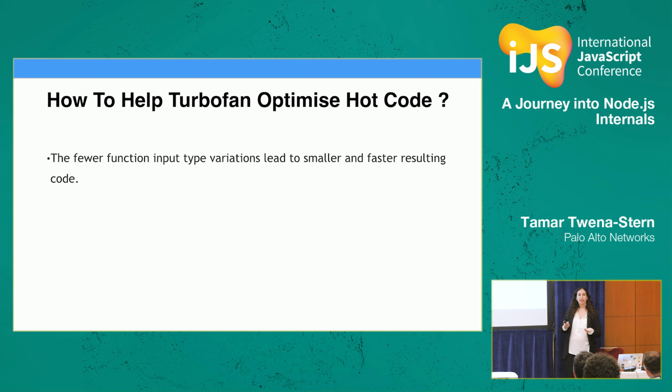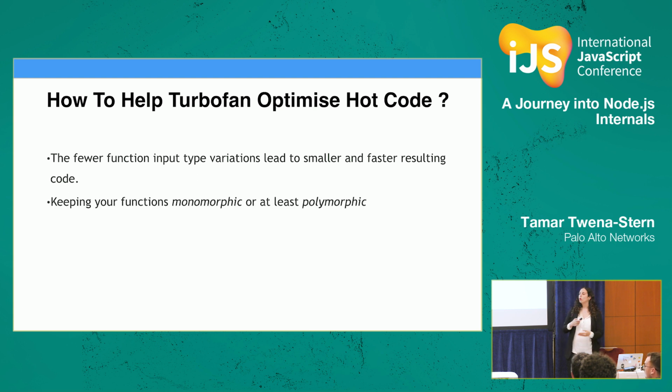But if this function receives 5 parameters, and one of them is a string, one is an integer, one is a date, one is an object, and the fifth is, I don't know, just pick something, then that is a megamorphic function. And this is something that the Turbofan compiler would not optimize very well. So keep your functions monomorphic as much as you can.